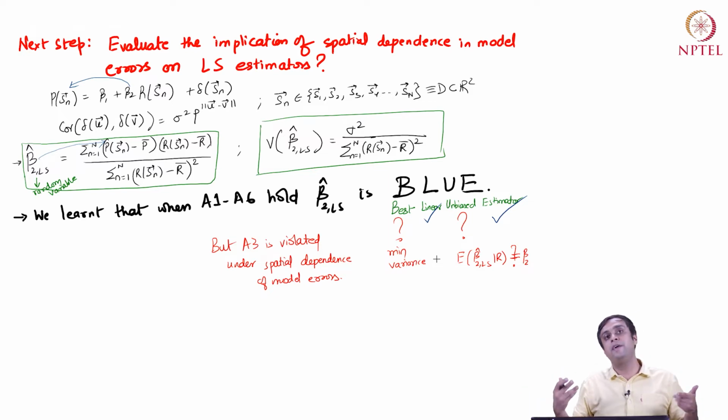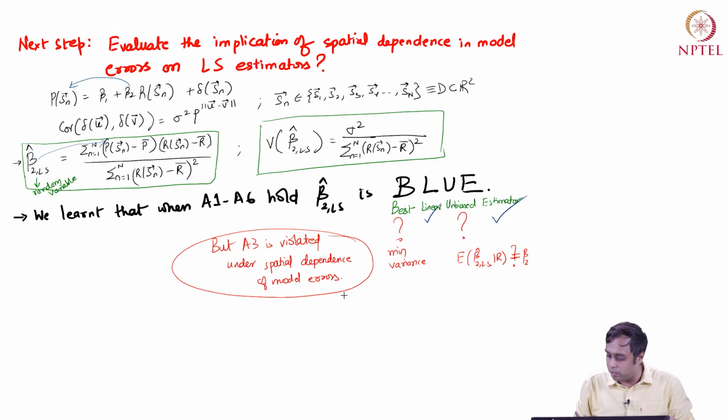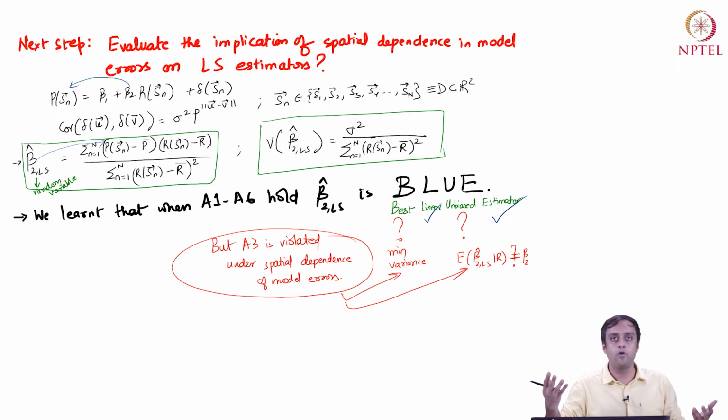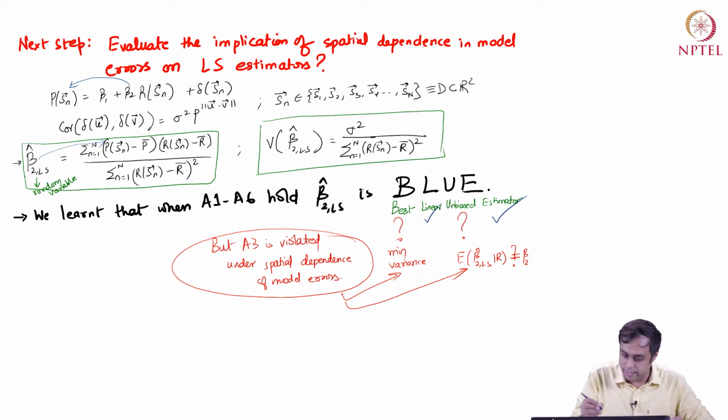Now we have to evaluate whether or not both these properties hold when A3 falls apart. Okay, so let's go and evaluate whether or not the two properties, best and unbiased, still stay afloat when we introduce spatial dependence in the model errors, that is, we relax assumption A3. Okay, so let's do that.